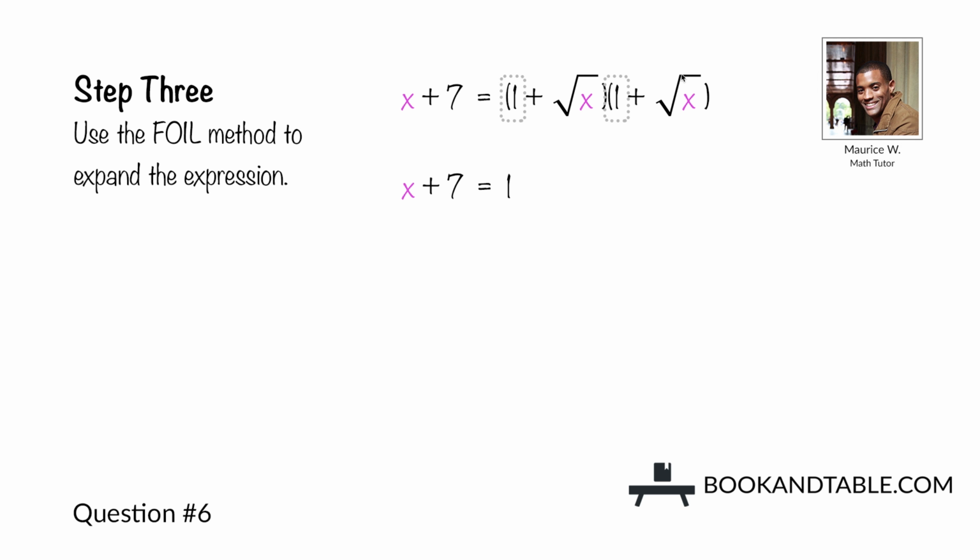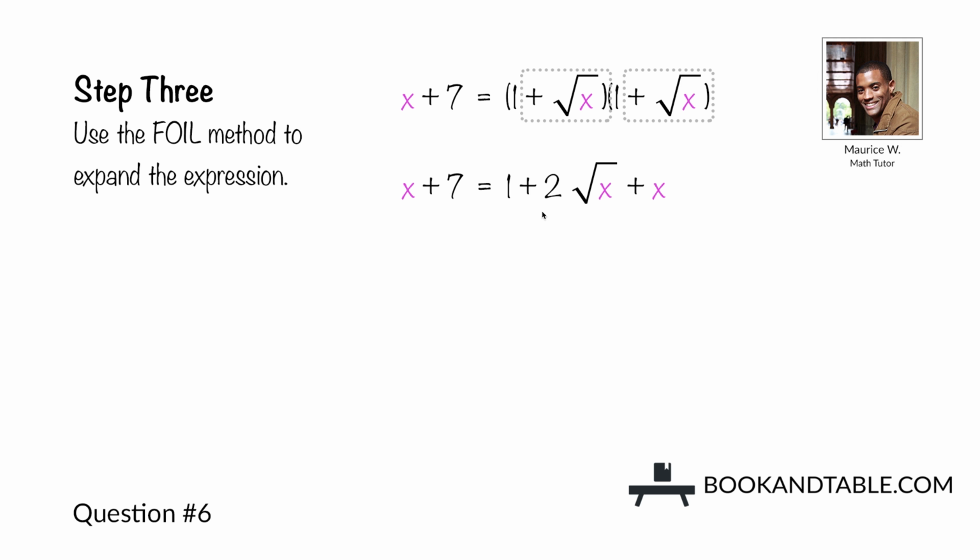FOIL. So here we go. 1 times 1 equals 1. 1 times the square root of x is equal to the square root of x. The square root of x times 1 is equal to the square root of x. The square root of x plus the square root of x is equal to 2 square root of x. And lastly, the square root of x times the square root of x is equal to x.